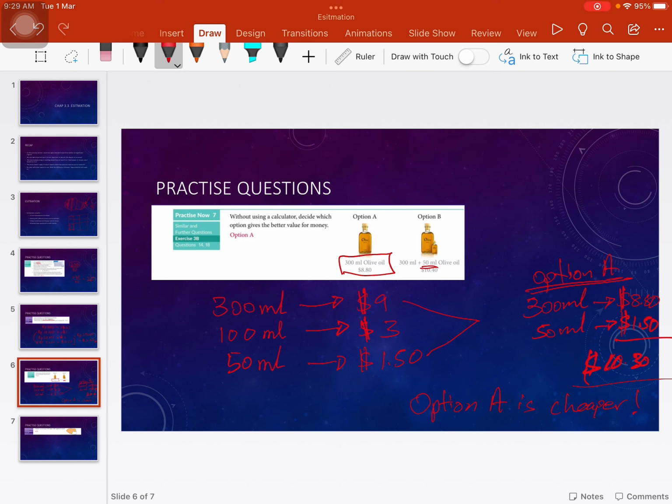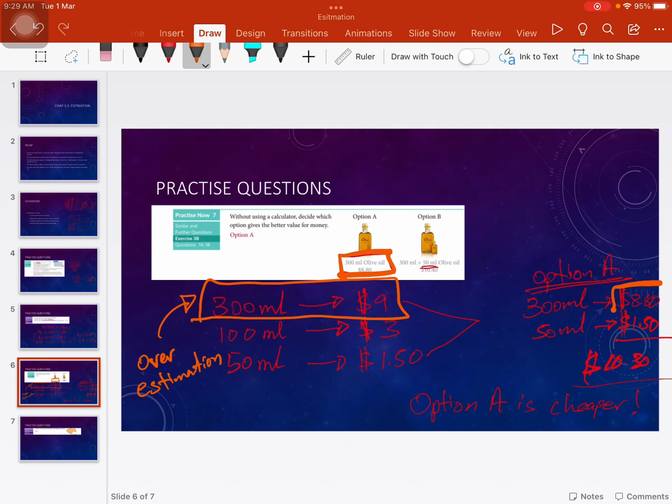Okay, so it's a good learning point. Do not take this value. Why? Because this will be an overestimation. You want to be as close as possible, so you still need to take what you are given here, the $8.80.